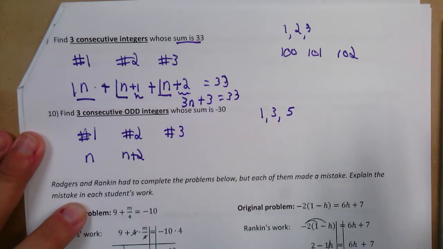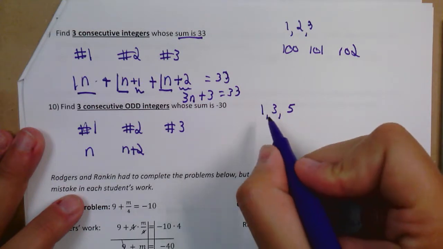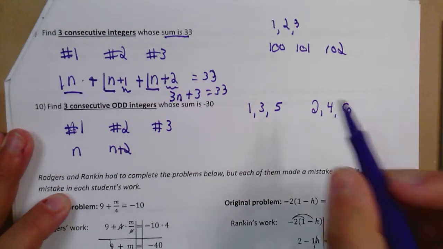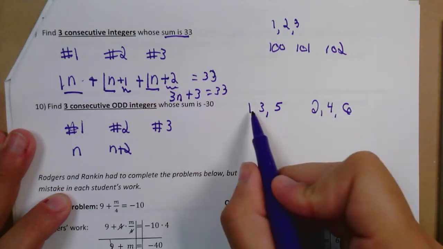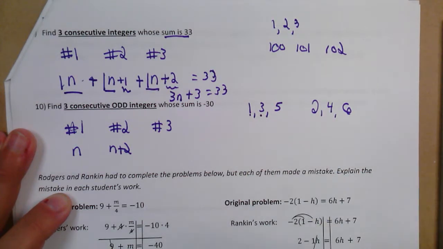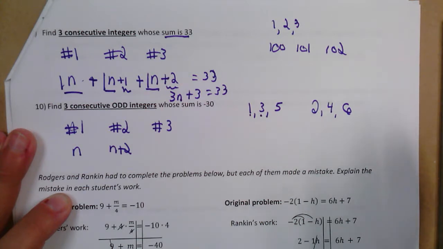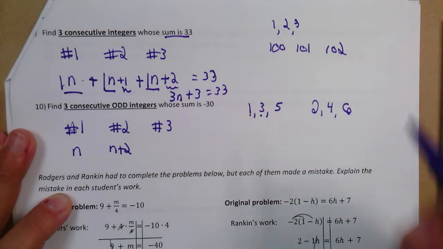Now it seems a little intuitive and you're like, oh well 2's even, that can't be. The thing is, no matter what, whether I'm looking at odd numbers or maybe even numbers, from my first number to my second, I add 2. So it's always going to be adding 2 no matter what, whether it's odd or even. So these directions don't matter whether it says odd or even, you're always just going to be adding 2.